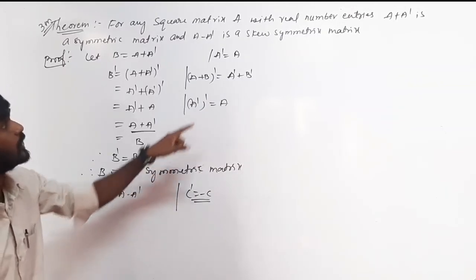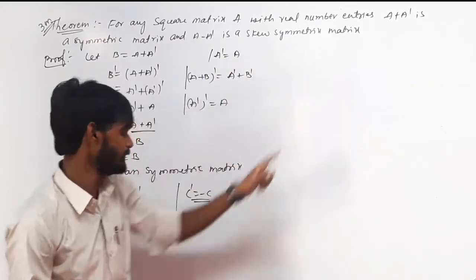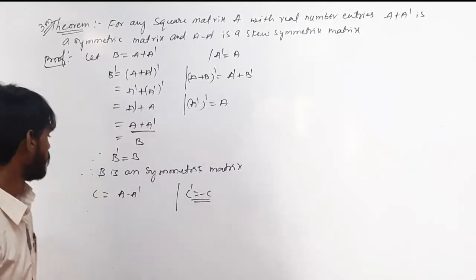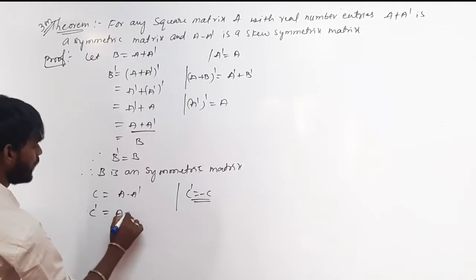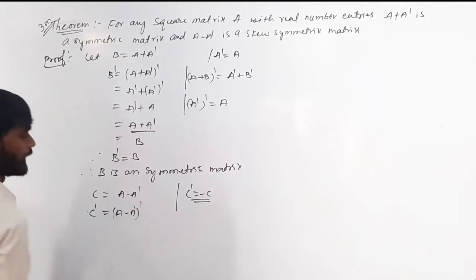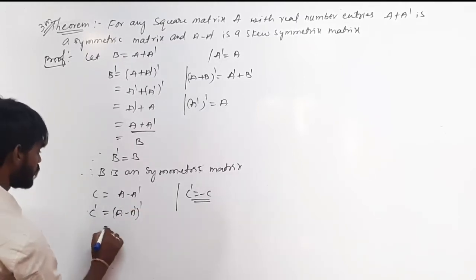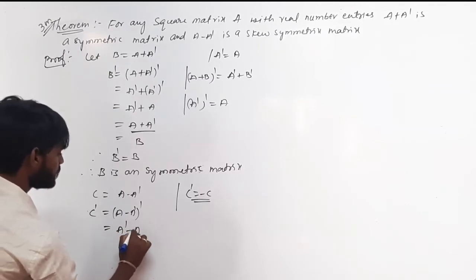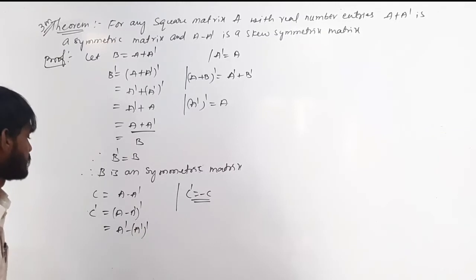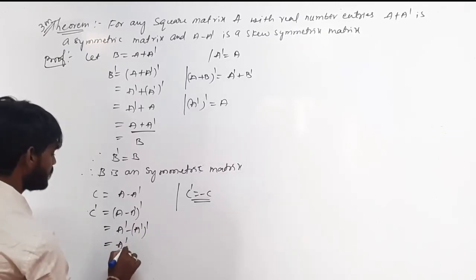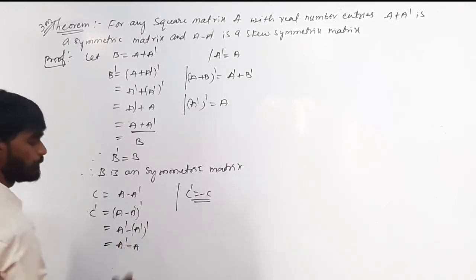We are going to show that it is a skew symmetric matrix, that is C dash is equal to minus C. Same thing, now apply the transpose. C dash is equal to A minus A dash whole dash. We can take the individual transpose of each matrix, so this is equal to A dash minus A dash whole dash, which is A.